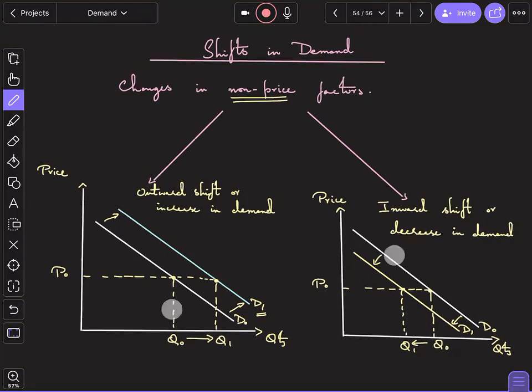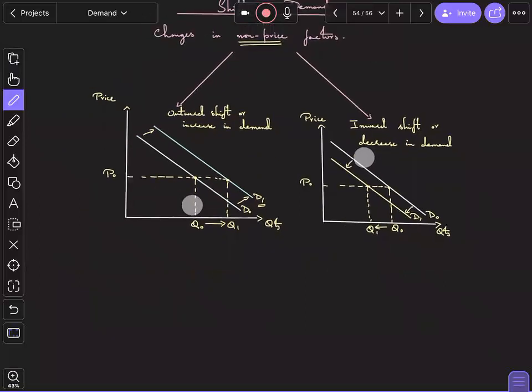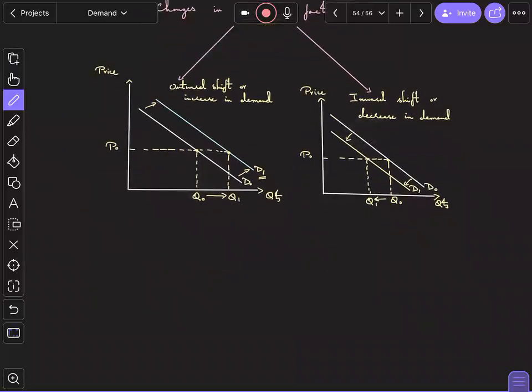And what are those factors? What are those non-price factors that can cause either an outward shift of the demand or an inward shift of the demand? Let's say population. If there is an increase in population, then the demand for goods and services will increase because now we have more consumers. If the population is growing rapidly, the consumers will be demanding more goods, and as a result, an increase in the population will shift the demand outwards. So at the same price, now more quantity will be demanded.